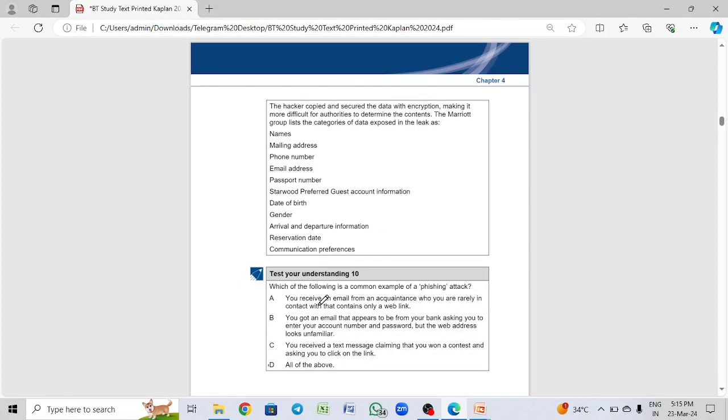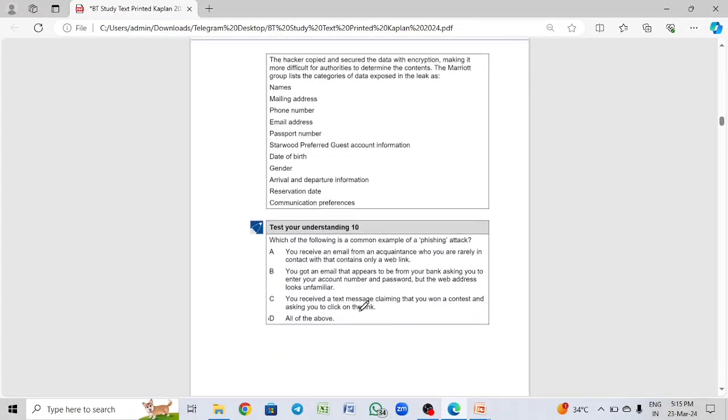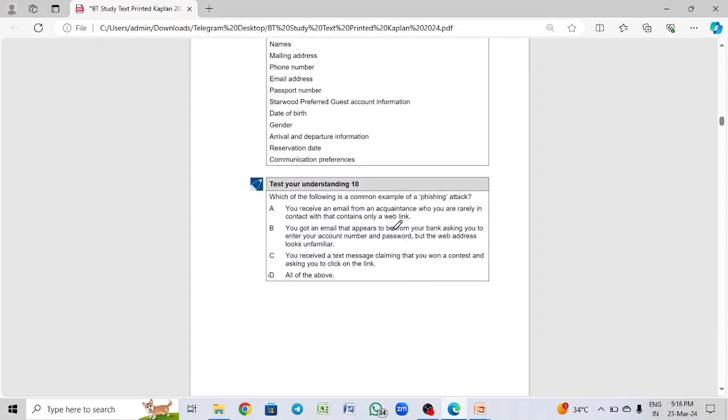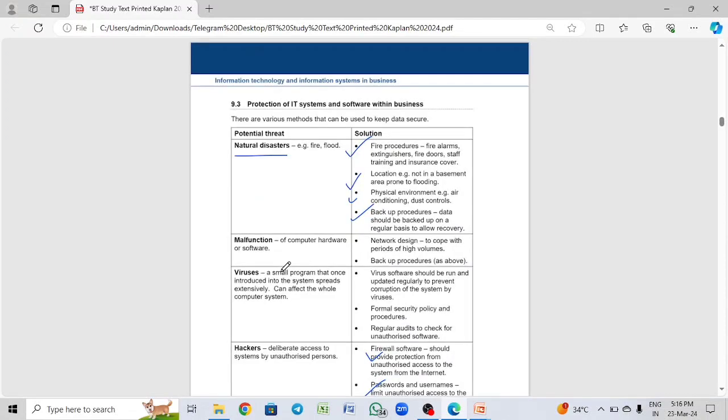So you receive an email from an acquaintance who you are rarely in contact with, that connects only to a web link, or you get an email that appears to be from a bank asking you to enter your account number and password, but the website looks unfamiliar. You receive a text message claiming you won a contest and asks you to click on the link. So all these three are examples of phishing. So it is answer number D.